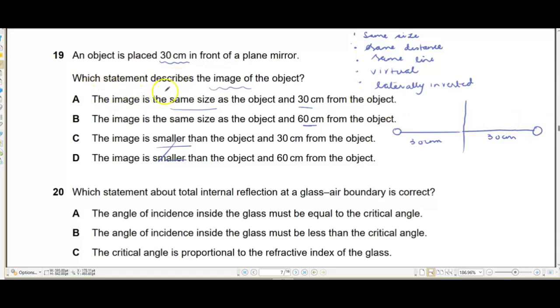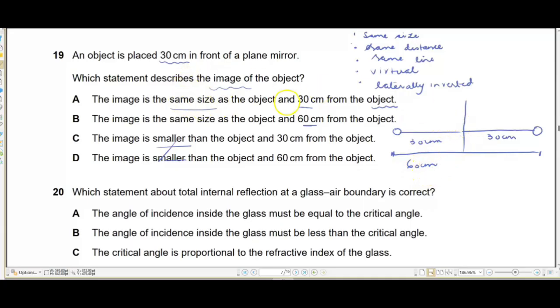And now they've asked us that the image is of the same size as the object and 30 centimeters from the object. So it is going to be 30 centimeters from the mirror on either side, but if you take the distance of the image from the object, it is going to be 30 plus 30, that is 60 centimeters, right?